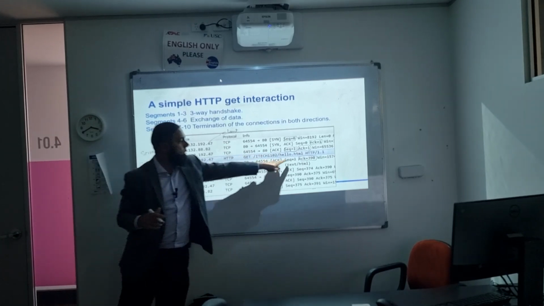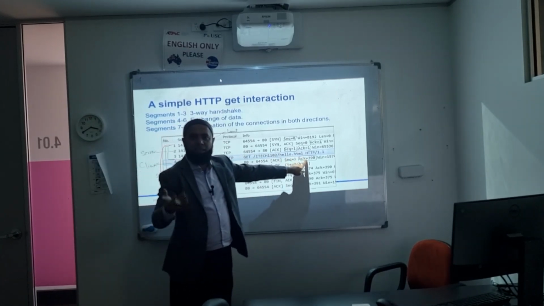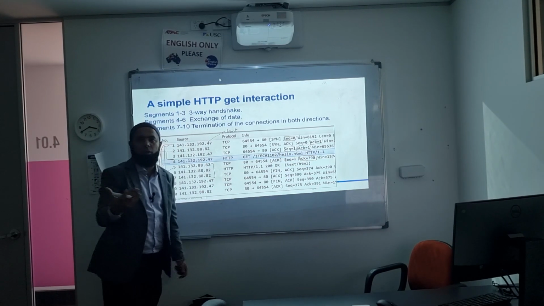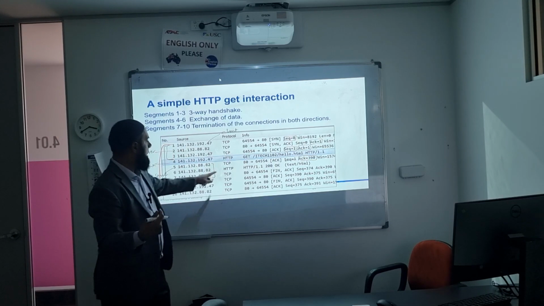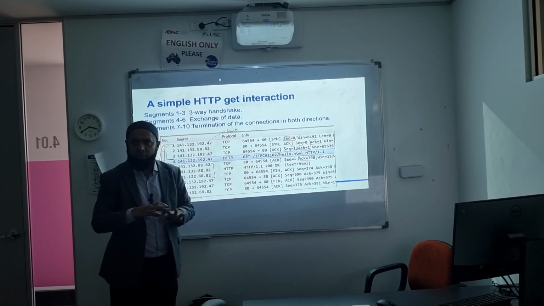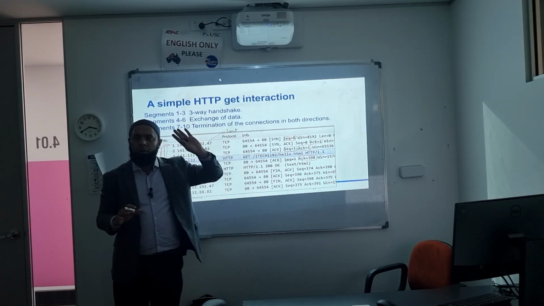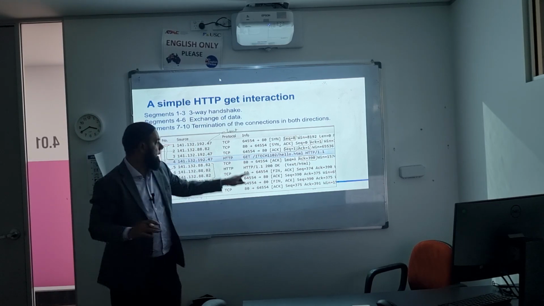One is sequence 1, it acknowledges that yes, 389 bytes of data are received, and then once it is done, that data is transmitted to the client from the server. It will say okay.